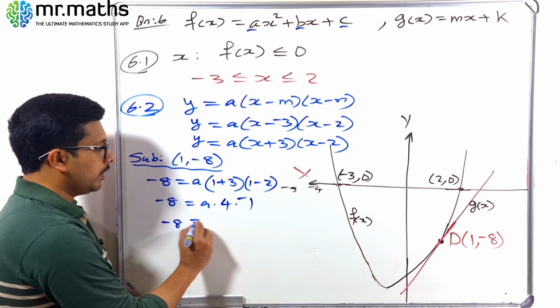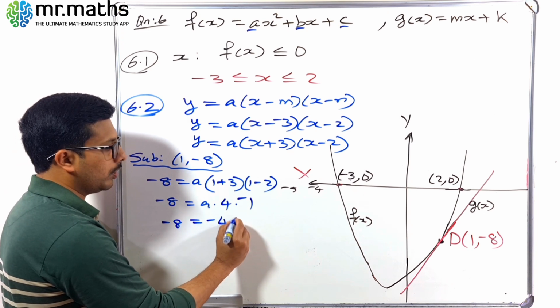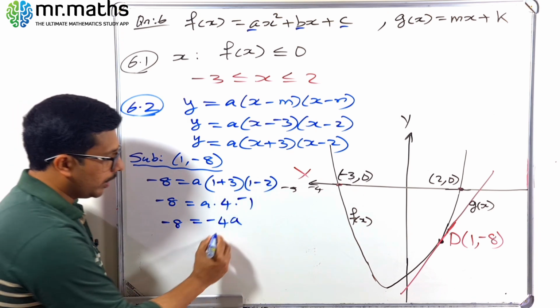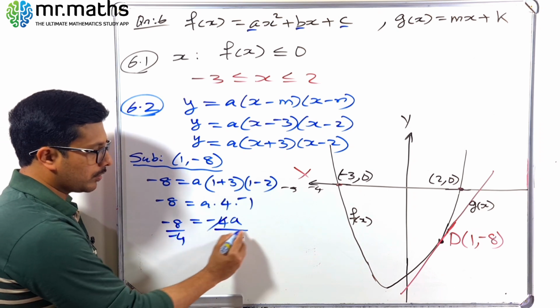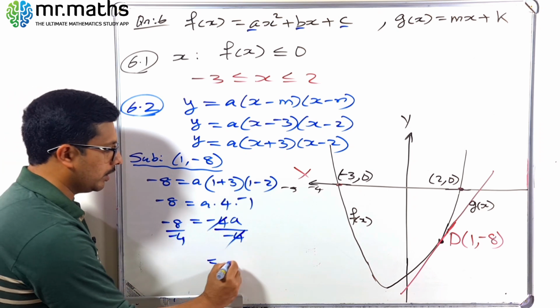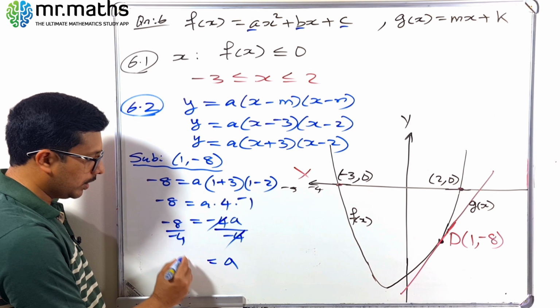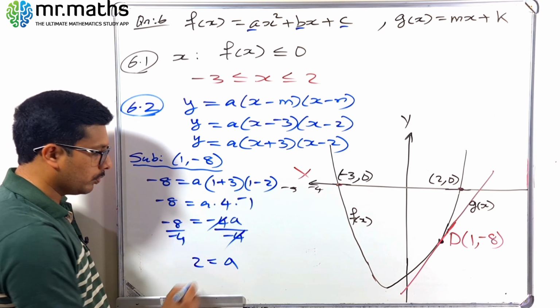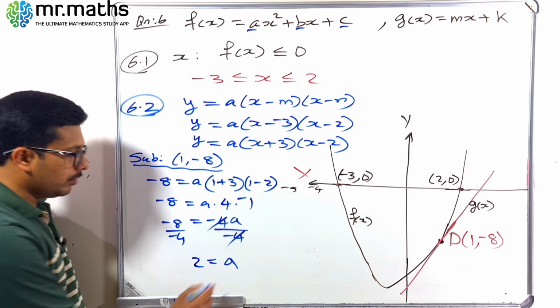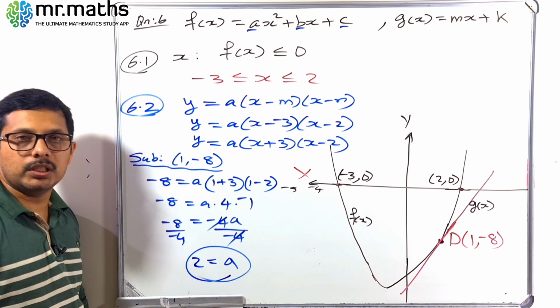So minus 8 is equal to minus 4a. If I divide both sides by minus 4, the minus 4 cancels. So here it is a, and minus divided by minus is positive. 8 by 4 is 2. So the value of a is positive 2.